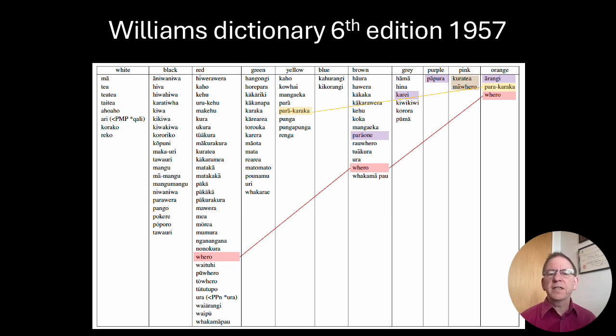Finally, pink is also a concept that did not exist in earlier Māori, but uniquely, pink does not have a loan word. In Māori, it is karatea, literally red-white, or mawhero, literally white-red. Both indicate that Māori see pink as a pale shade of red, not as a colour category of its own.